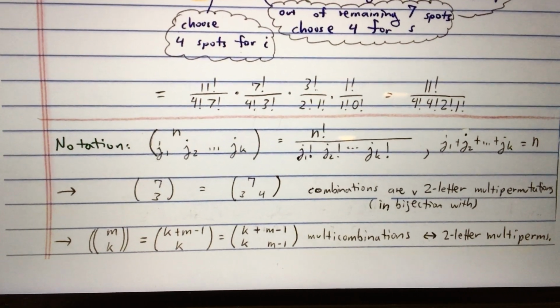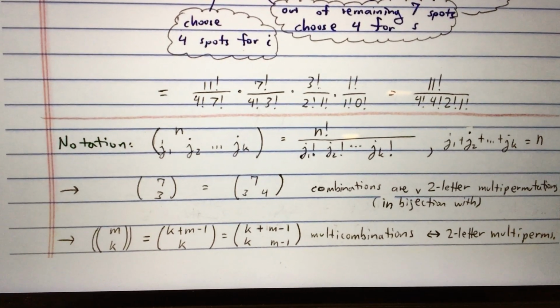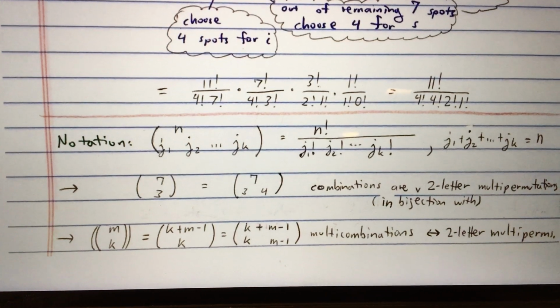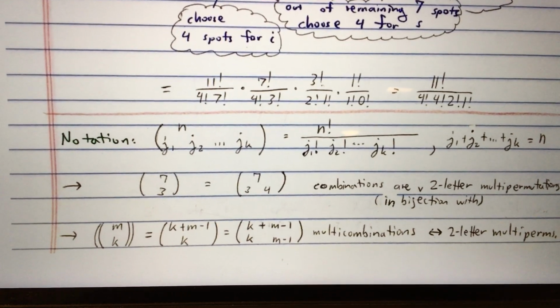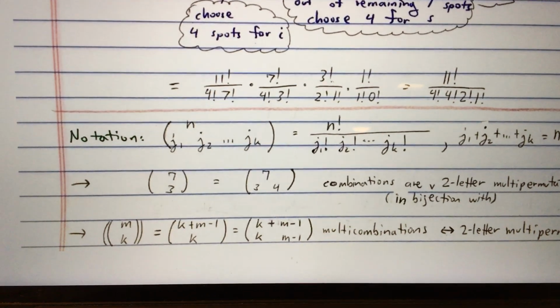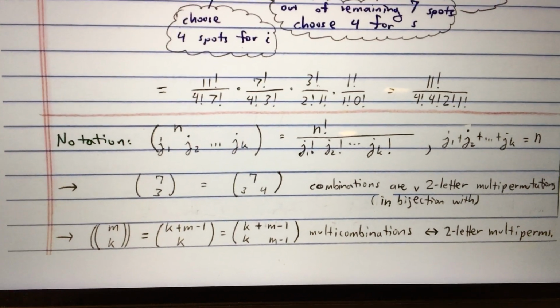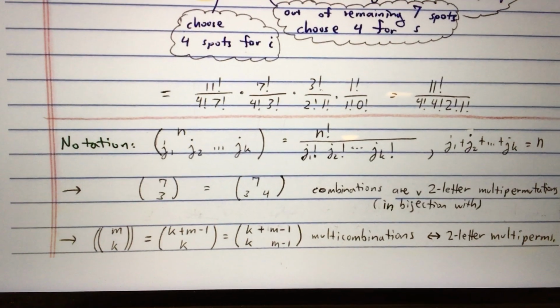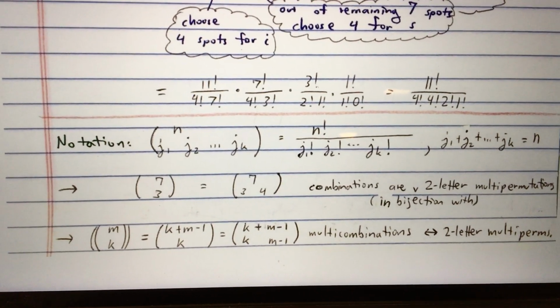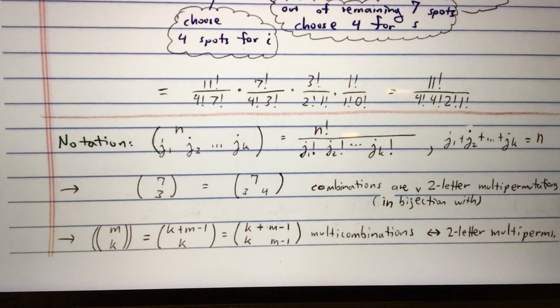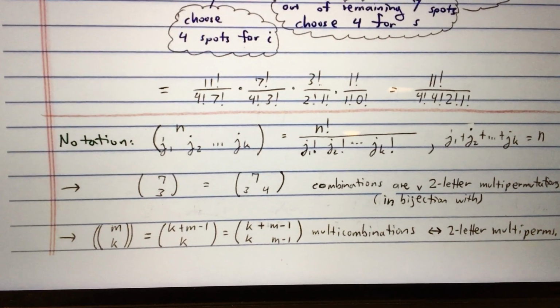Multi-combinations, which, remember, those are like bookshelves or bookcases, plans for a bookcase without putting the books on yet, or they're multi-subsets of a multiset, do turn out to be in bijection with 2-letter multi-permutations.